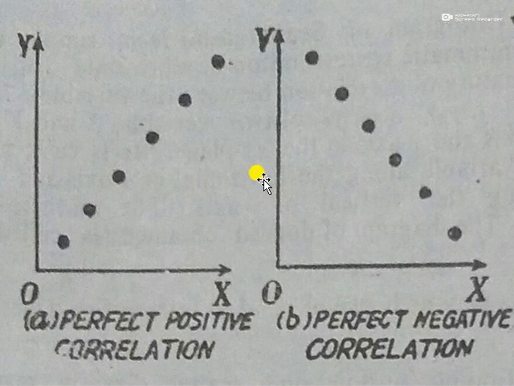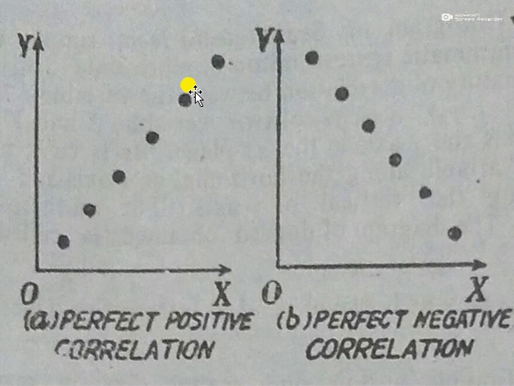See this scatter diagram. What about the direction of change in the variables? Can you identify the movement of plotted dots? The direction is from left bottom corner to the right upper corner. This denotes both the variables are moving in the same direction.